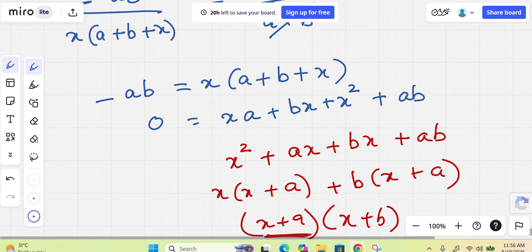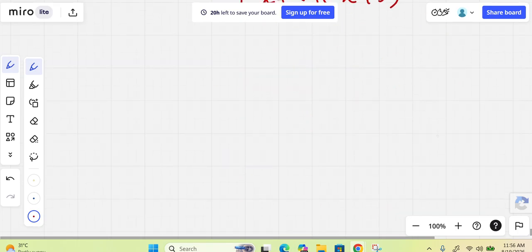Sometimes it will take 2 or 3 extra minutes for you to solve it, but ultimately you will be able to do it. Next thing that you have to know is the discriminant D. D is equal to b square minus 4ac. What happens if D is equal to 0?